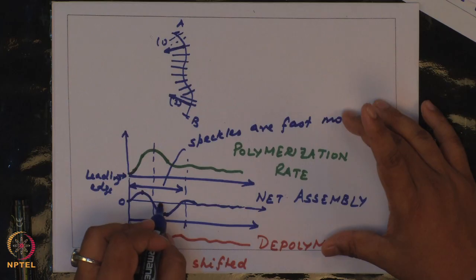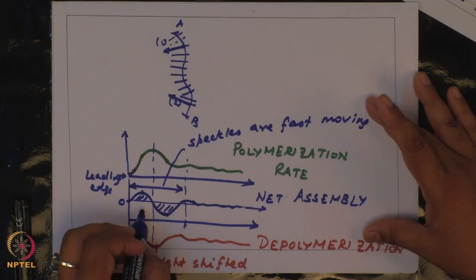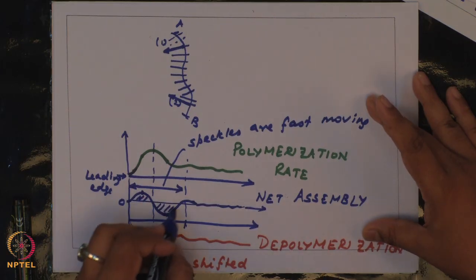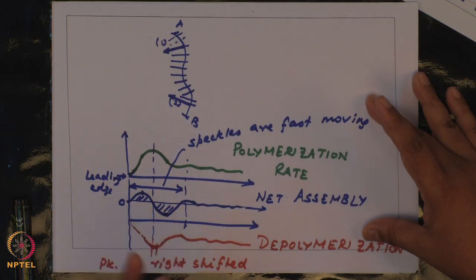So, if you take the area of these two curves and sum them together, you will get 0, suggesting that the material required for polymerization at the leading edge is provided by the depolymerization of filaments slightly backward. So, this depolymerization provides the monomers for the polymerization to occur. You have a polymerization event followed by a depolymerization event.